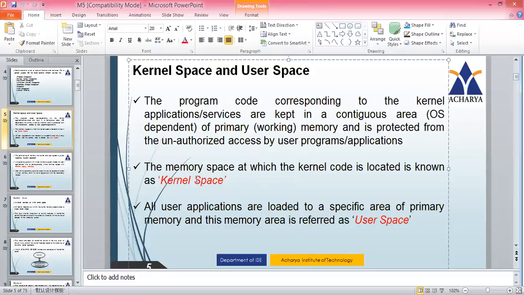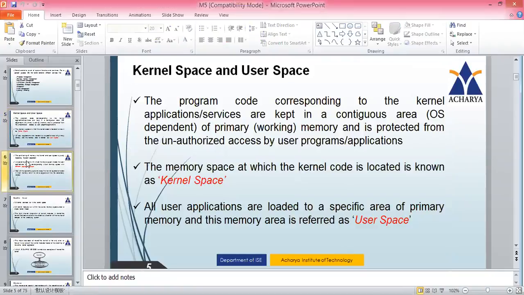In the primary memory, the kernel is allocated a space, and we call that kernel space. All user applications are loaded to a specific area of primary memory, and this memory is called user space. The memory which holds the kernel, we call kernel space. The memory which holds the user programs, we call user space.